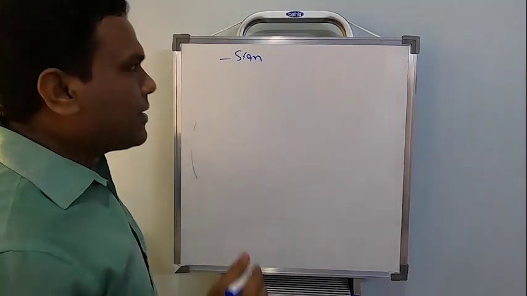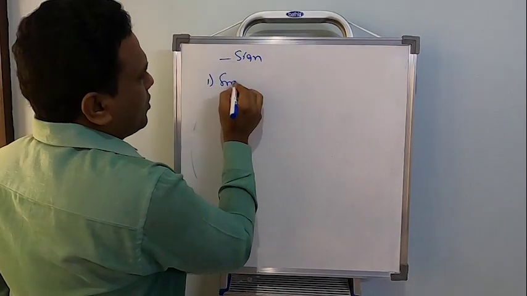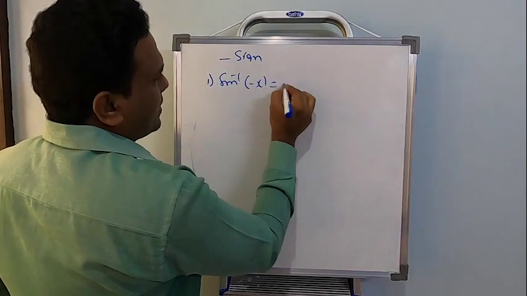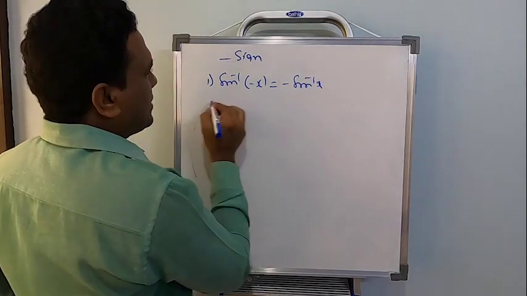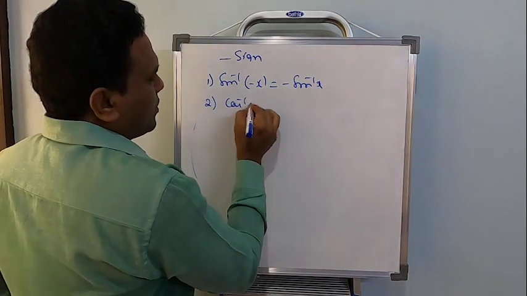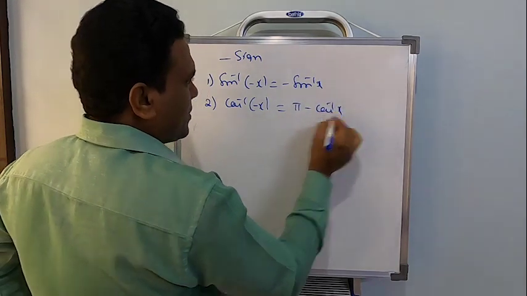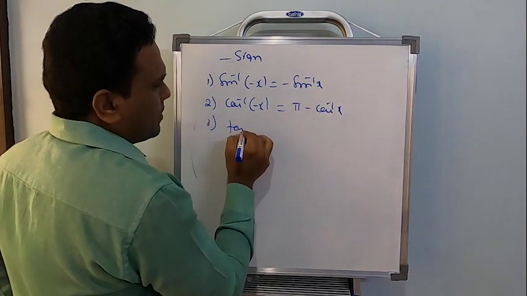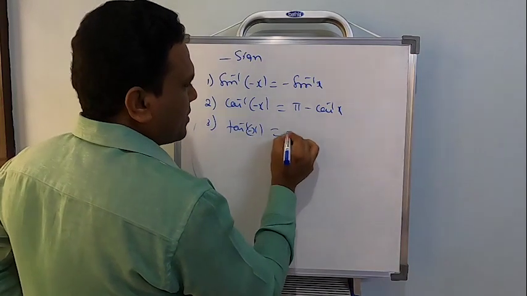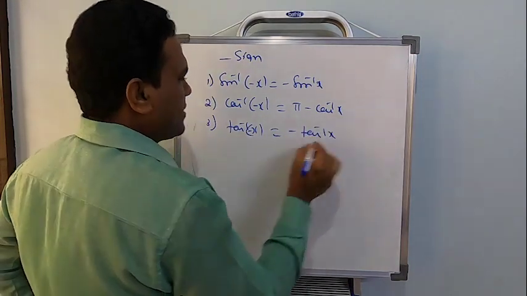So quickly I will write down. First one: sine inverse of minus x equals minus sine inverse x. Second one: cos inverse of minus x equals pi minus cos inverse x. The next one: tan inverse of minus x equals minus tan inverse x.